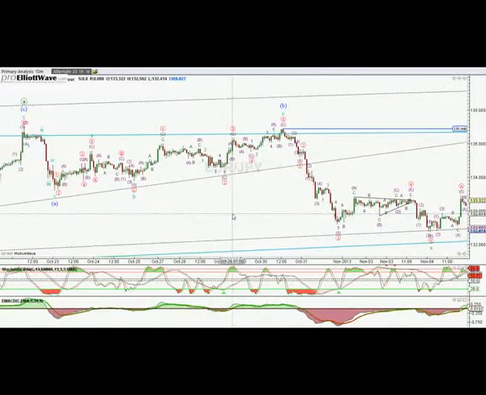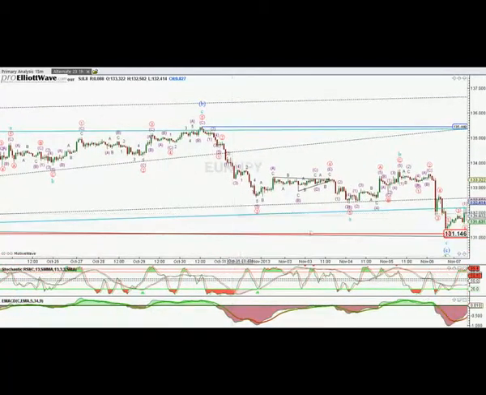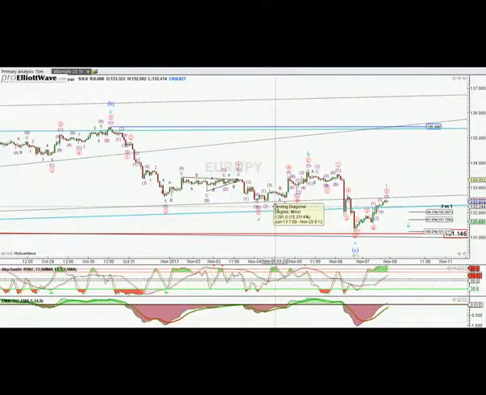All of this action got extremely accelerated with the events of the rate cut, the rate cut in the Eurozone, which was a surprise cut that a lot of investors didn't anticipate.